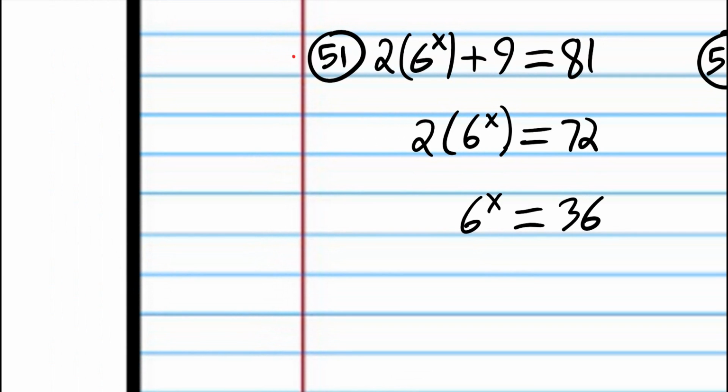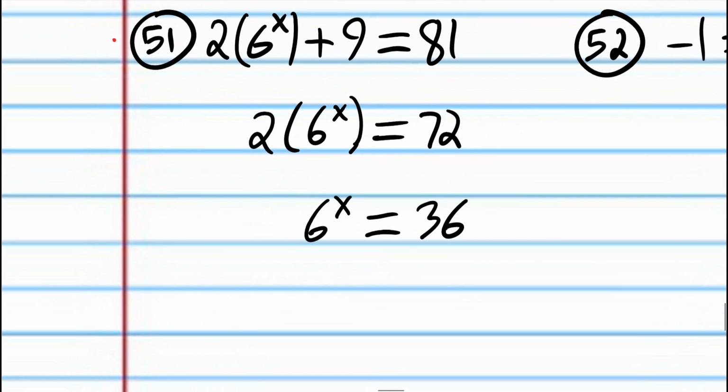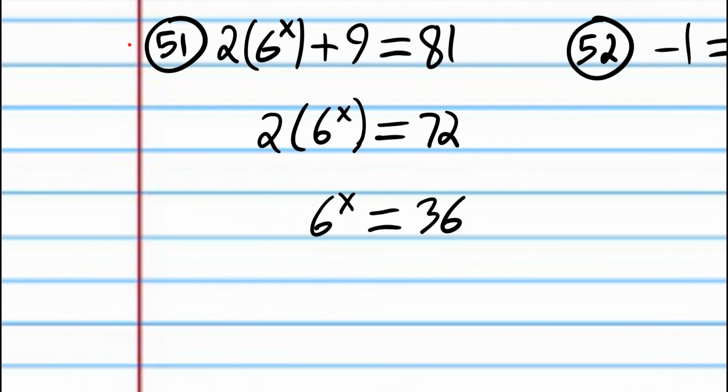Now, if you had an expression that said 2 to the x power times 6 to the x power, then you could go ahead and multiply and get 12 to the x power. That's rule number 3. But this 2 doesn't have an x. So I know that these exponent rules are very complicated, but you're going to get the hang of it as you use them more and more.